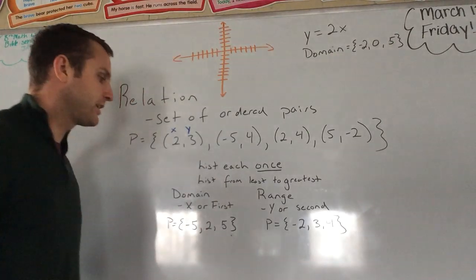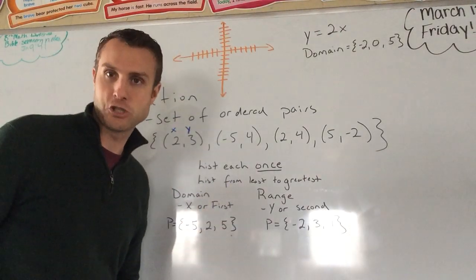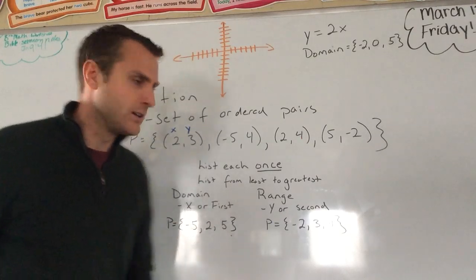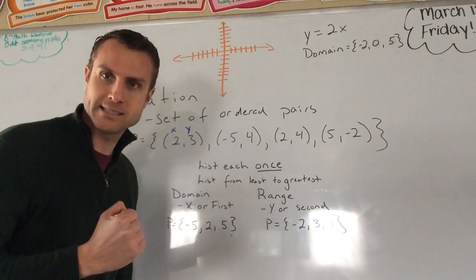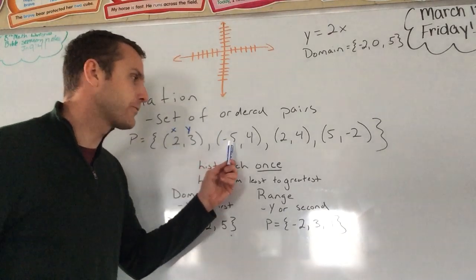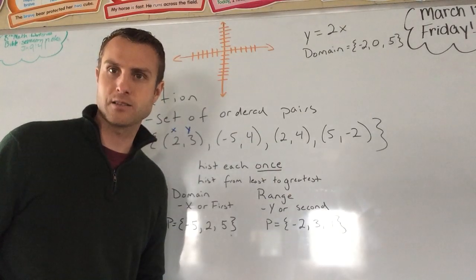Now in a relation, I have a domain and a range. Now, when you think of the word domain, think dominate. Domain is the first, the x. It dominates. So the domain is always the first numbers of each ordered pair.